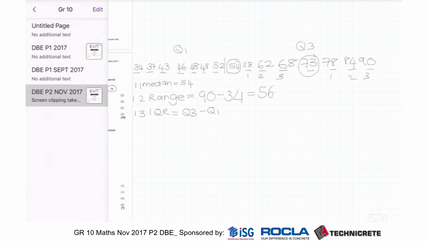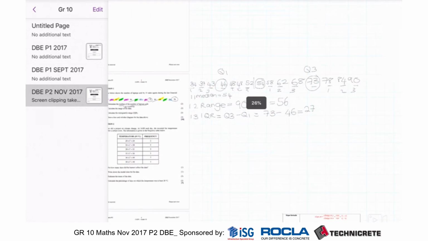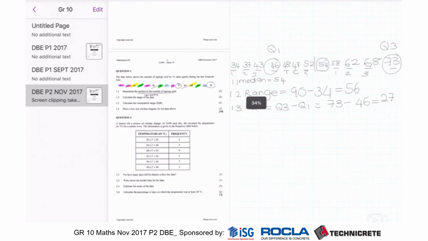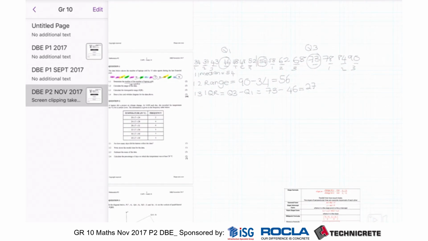My median on the side, 1, 2, 3, should be 46. So Q3 is going to be 73 minus 46, equal to 27.